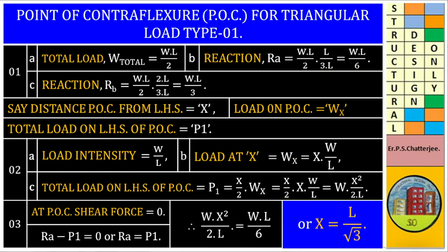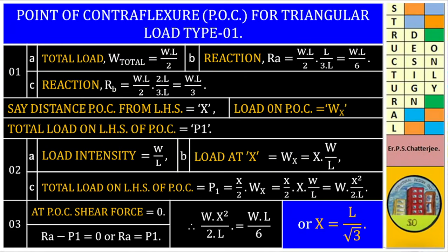Then Wx is equal to X into W by L. The total load P1 is equal to half into X into Wx, which is equal to X into W by L into X by 2, that is Wx squared by 2L.